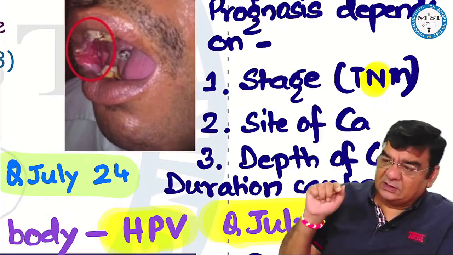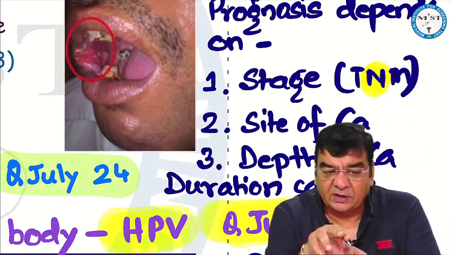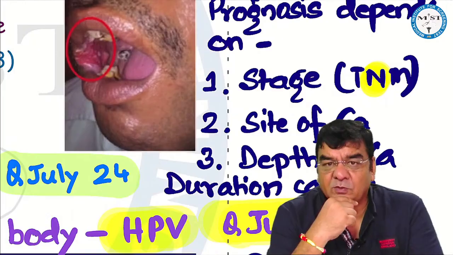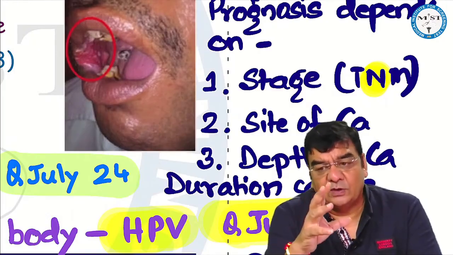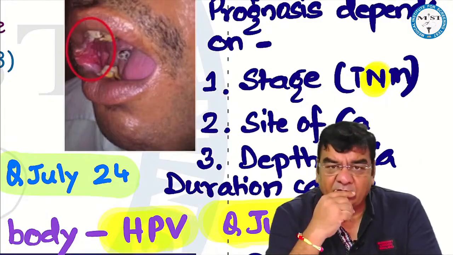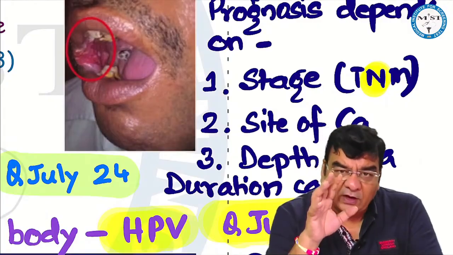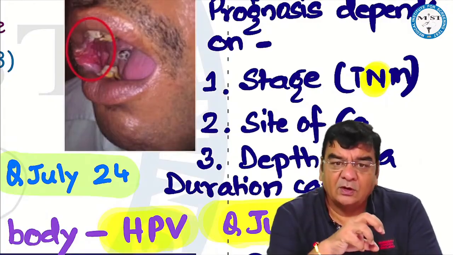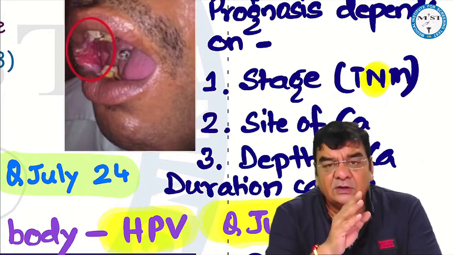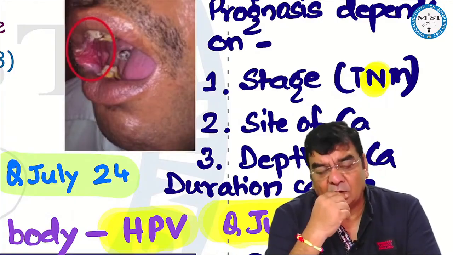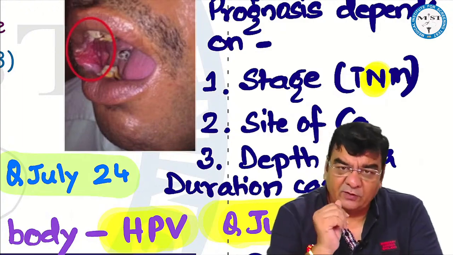Depth of the cancer: if the cancer is going into deeper areas, definitely the prognosis would be bad. And duration: if there is a longer duration, then the cancer would have spread. But if we have to rule out one of these four options, stage, site, depth, and duration, then duration can be ruled out, as it is not a direct prognostic factor.